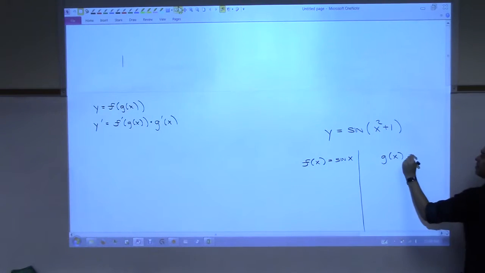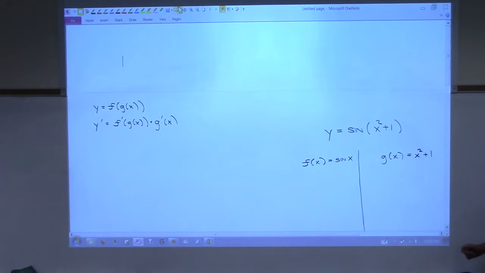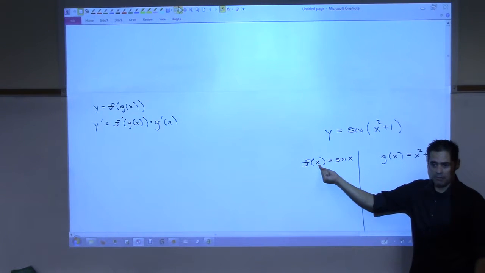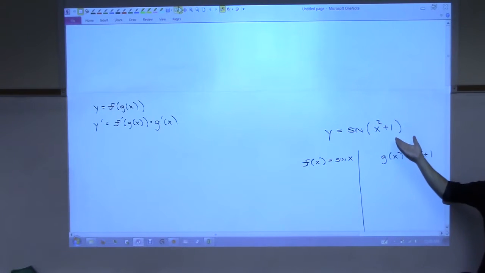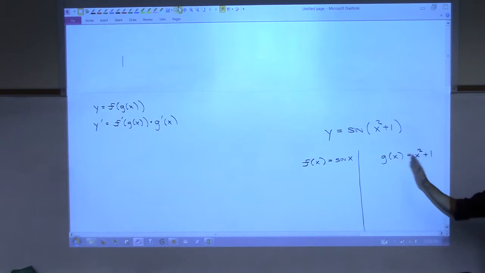And then g of x is x squared plus 1. So if you took x squared plus 1 and replaced this x with it, this would become sine of x squared plus 1, which would be that. Is everyone comfortable with that? Okay. So that's what f is, that's what g is.